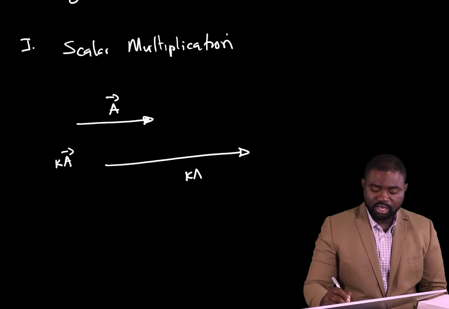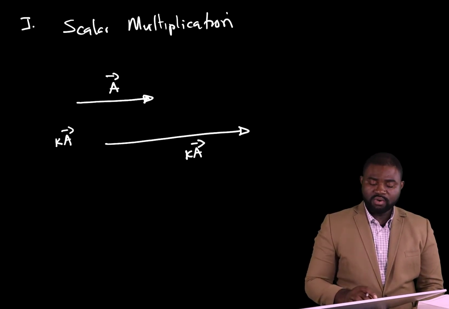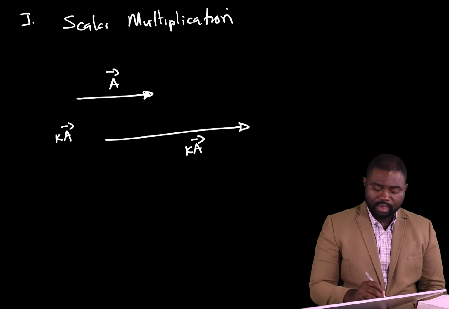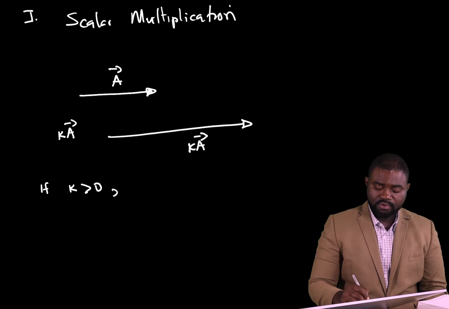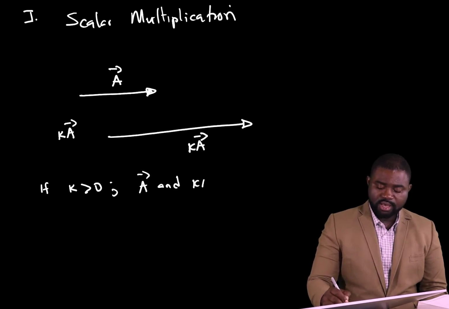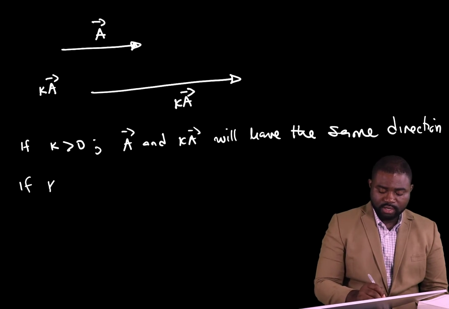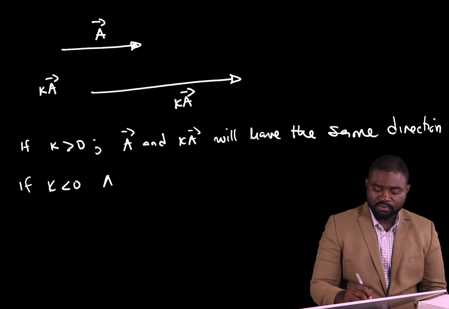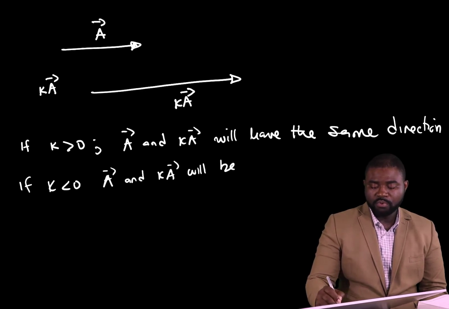This will be kA. Now, here's the deal. If k is positive, then A and kA will be in the same direction. If, on the other hand, k is less than 0, A and the vector kA will be oppositely directed.